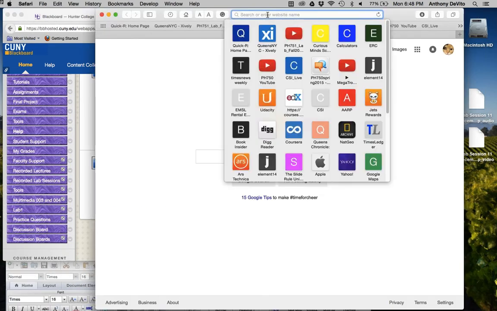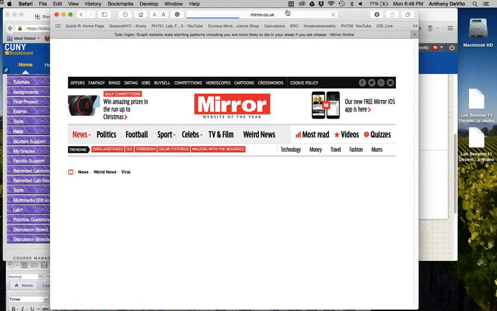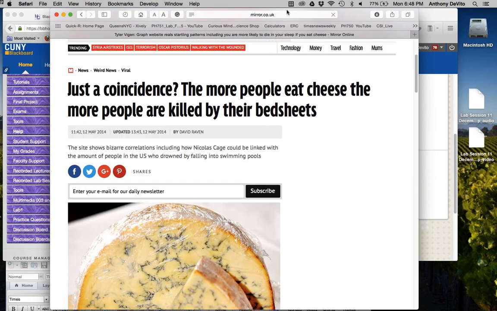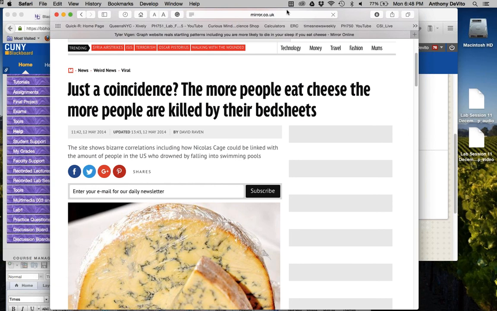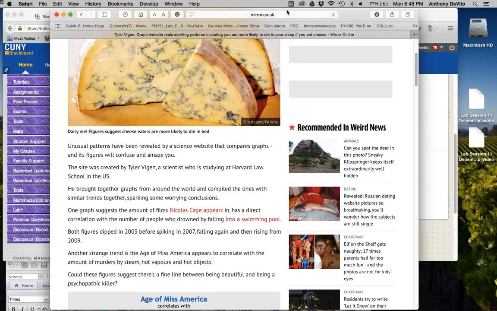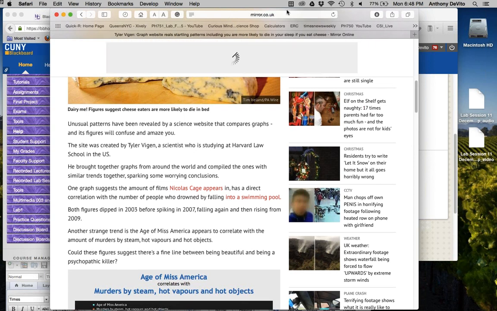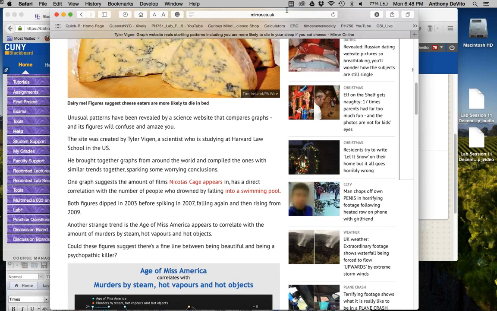This is an article, really, in the Mirror, the newspaper in the UK. Okay, here. Just a coincidence. The more people eat cheese, the more people are killed by their veggies. This is a fellow that's examined enormous collections of data to look for associations between one thing and another.